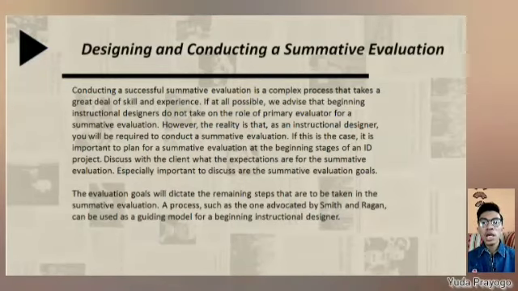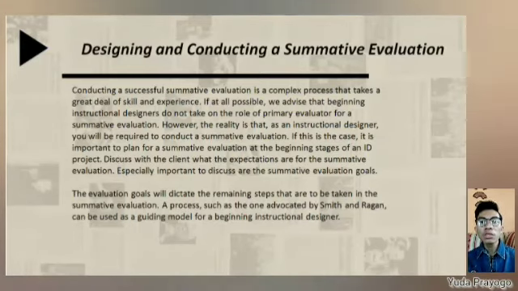Especially important to discuss are the summative evaluation goals. Although this may change once the summative evaluation is formally developed, the goals will help an instructional designer know what the client expectations are for the ID project. In addition, planning in advance will allow for data to be gathered through the formative evaluation that can be used in the summative evaluation.